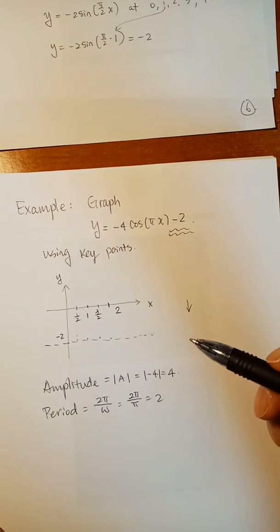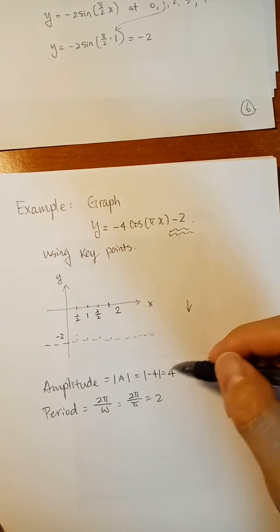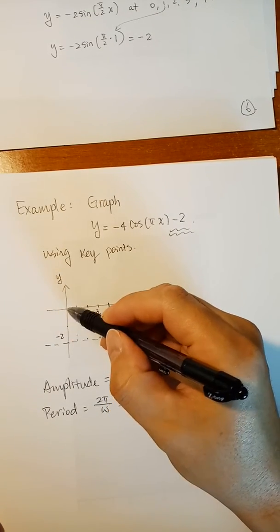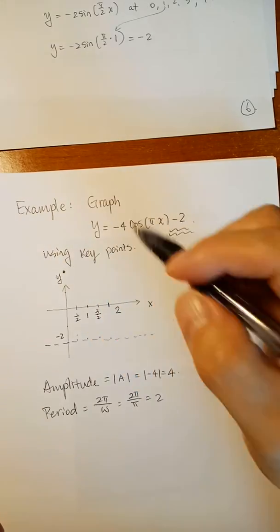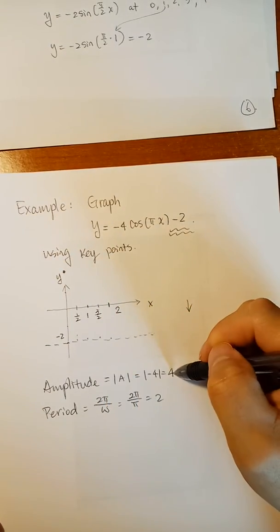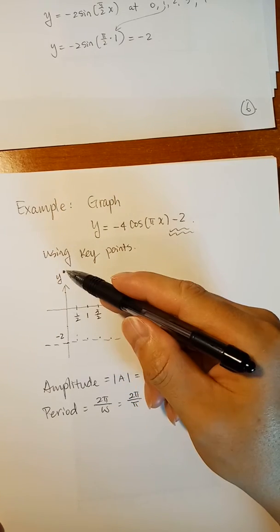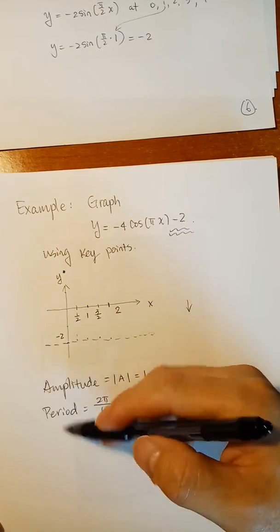Okay, and next we have the amplitude 4. 4 means you start from the base point. This number, this 4, is used to measure the top point and the low point.